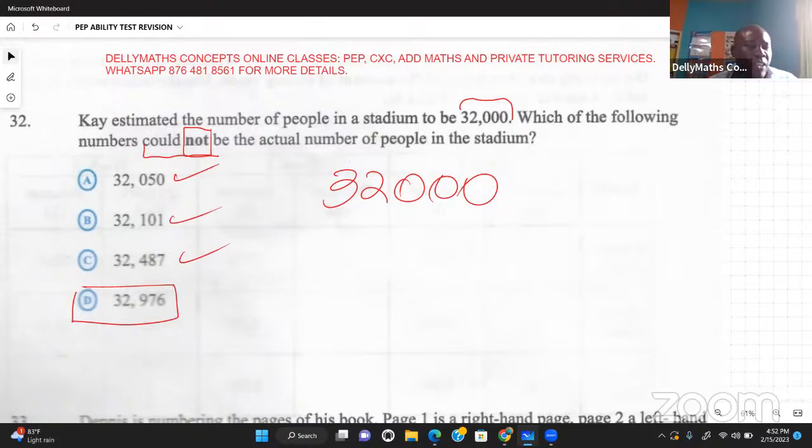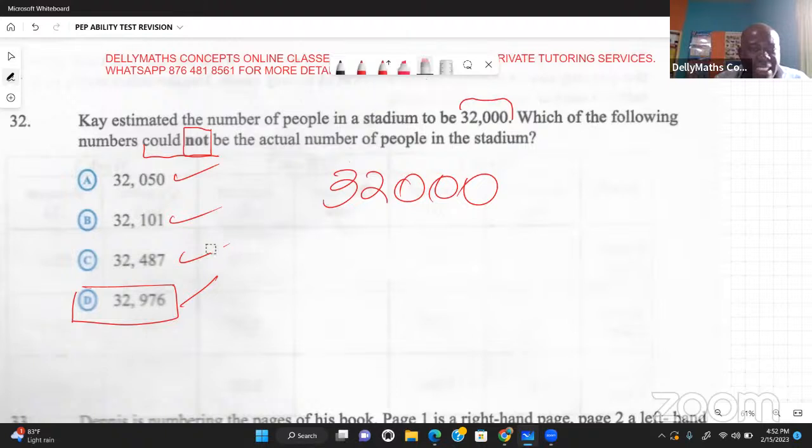If I'm rounding off to the nearest 1,000, A, B, and C would be 32,000. D would go on to 33,000. So this is out and it is the answer. Remember, they want the one that could not be. So the answer is D.